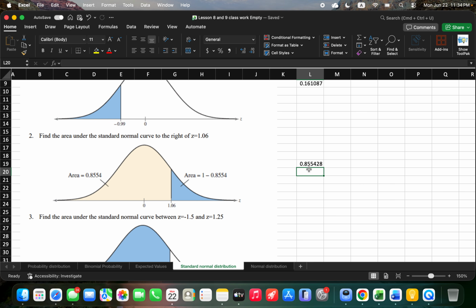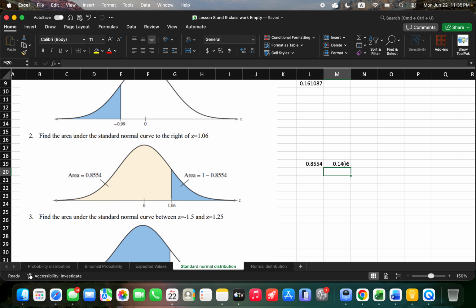Then you will get 0.855428, something like that. So as you see, it's the same. I'm just matching the number. But we're going to find the right side, so you eventually do equal to 1 minus the given area value or probability value. So that should be the answer.